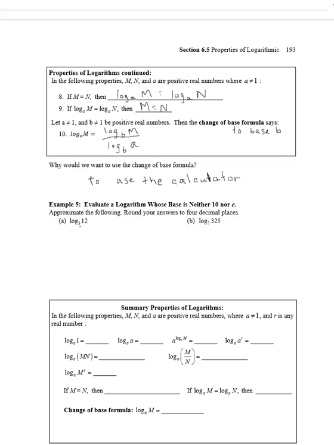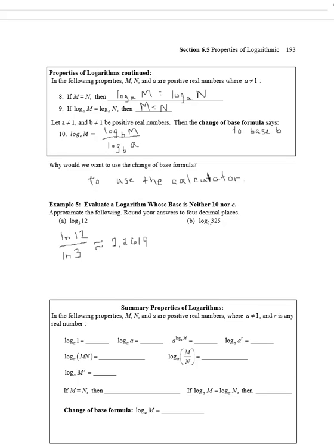So for example, approximate this. Well, I'm going to change it to base e. So that means I have the natural log of 12 over the natural log of 3. And if I put that in the calculator, I get approximately 2.2619.